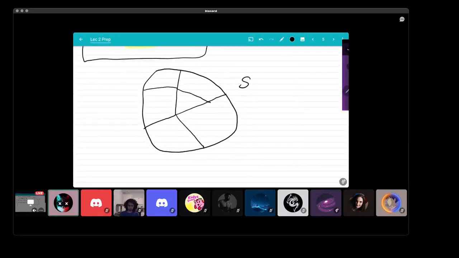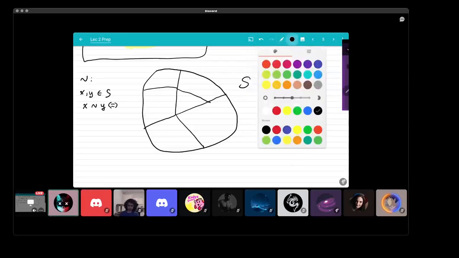We define the following equivalence: for all x, y, we define that x is equivalent to y if and only if they're both in the same subdivision.